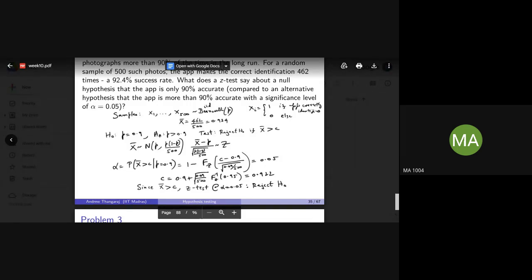So when X bar comes out to be greater than C, we are going to reject H naught. So the conclusion is we reject H naught. If we are rejecting H naught, we are saying the accuracy is greater than 0.9. Many times, as we have seen previously, students find it difficult to reach the conclusion.